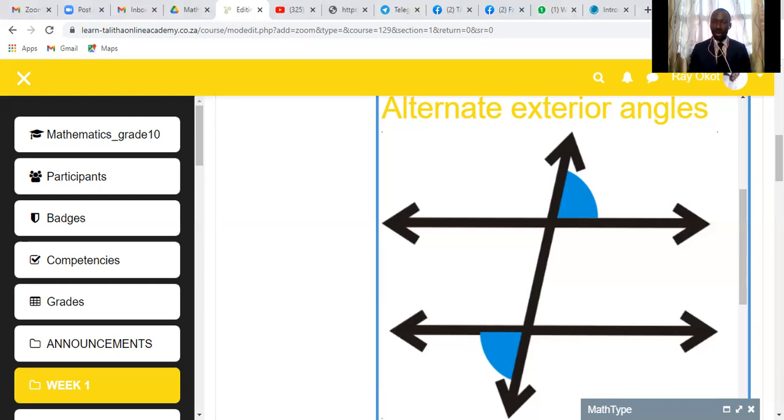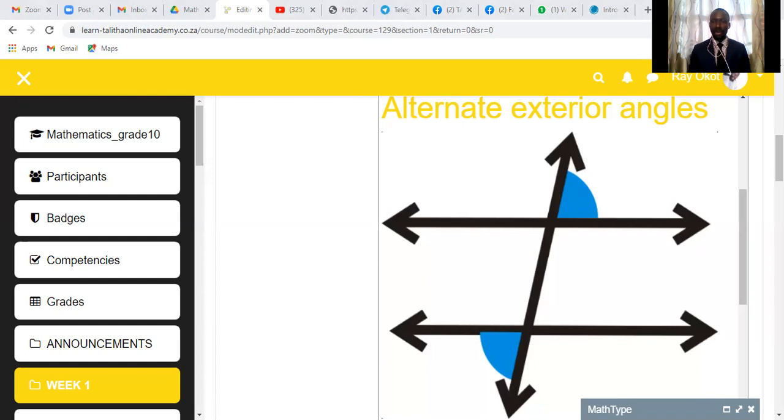Now, we will be moving real quick into checking some few activities just to help us have a better understanding of what these alternate exterior angles are. By definition, alternate exterior angles are the pair of angles that lie on the outer side of the two parallel lines, but on either side of the transversal line.